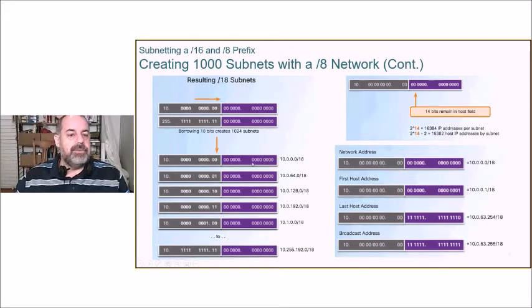And so that would give you 1,024 subnets. Of course, you've got 14 bits remaining for your host section. So 2 to the power of 14, of course, gives you 16,382 possible hosts per subnet. So it's a very big subnet. That's a lot of growth.